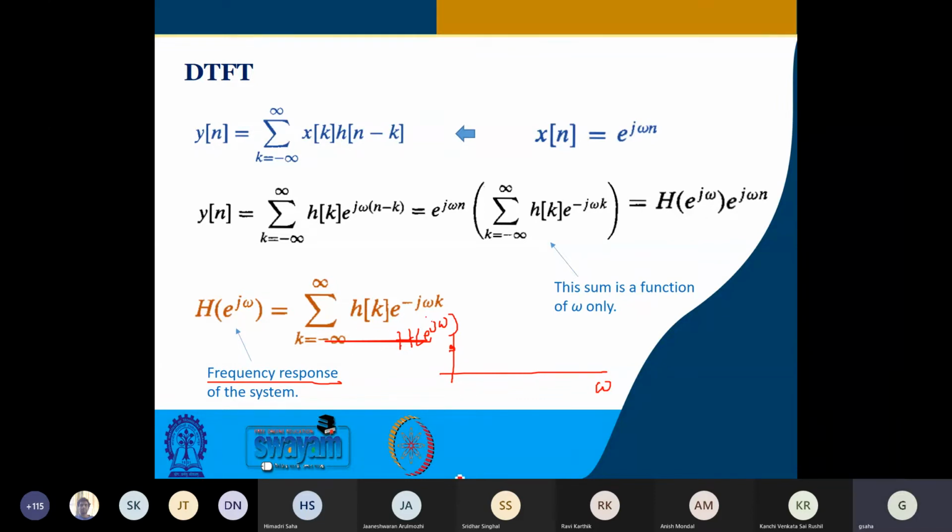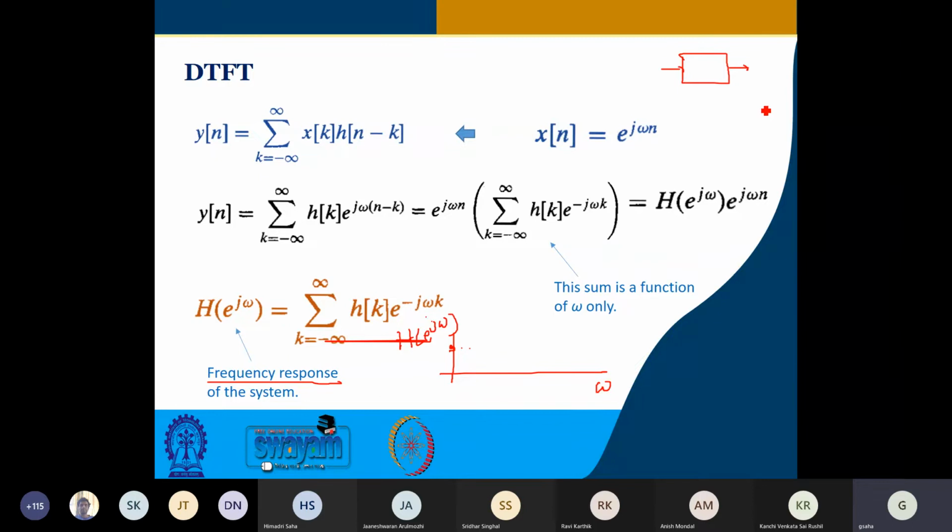Then if you substitute another value of omega, because omega is continuous, say 0.1, 0.2, whatever it may be, you will get some summation. If you add them up, the magnitude part will give you some value over here. Then similarly another value.